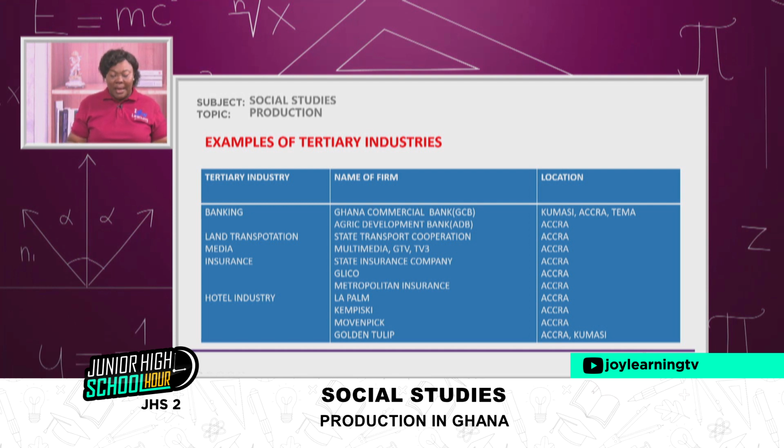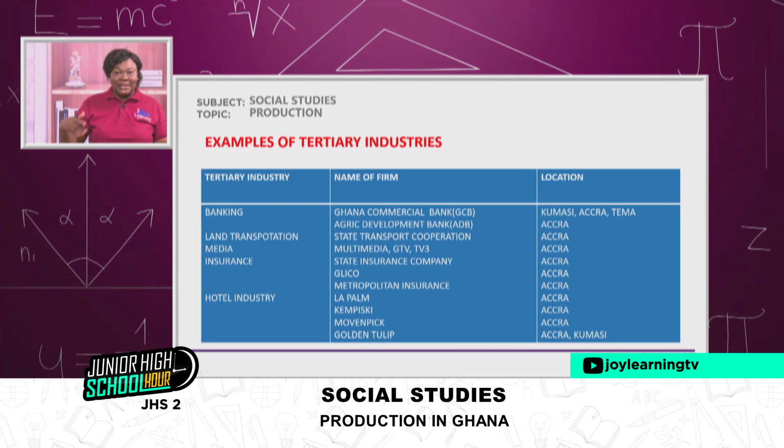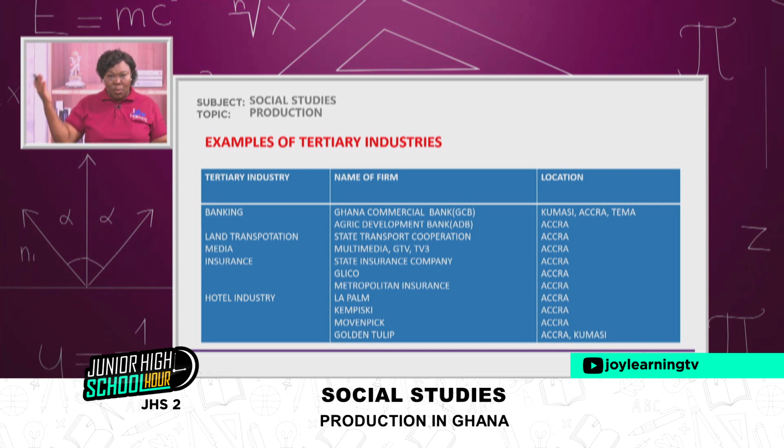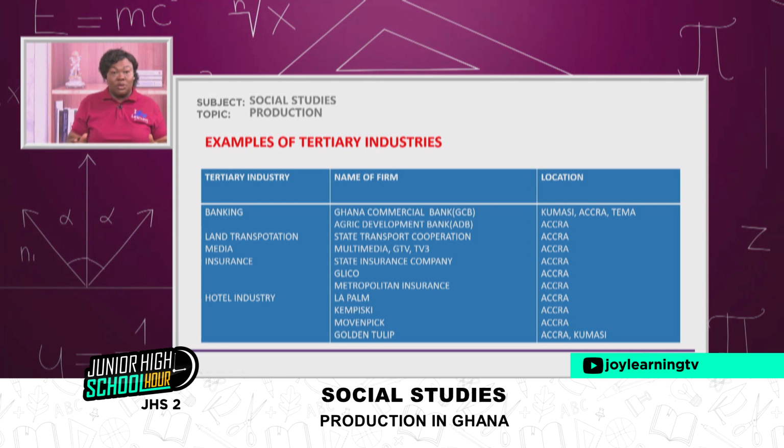Then we have land transportation. So we have State Transport Corporation, also in Kumasi, Accra, Takoradi, Ho and other regions. Then we have the media, which is also rendering services. So we have Multimedia, GTV, TV3 and others, Net2 and others.